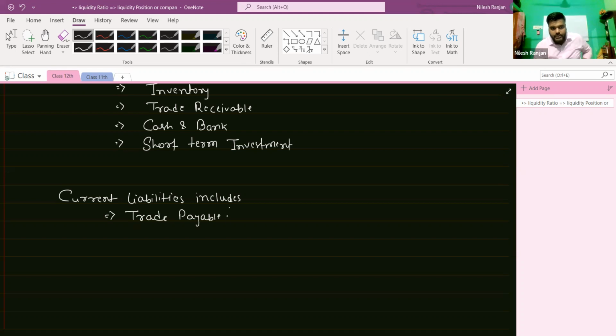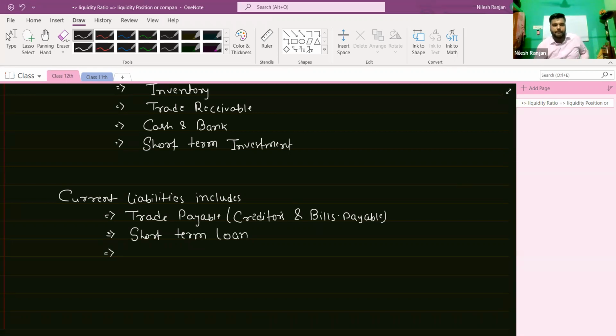Trade payables, it includes creditors and bills payable. After that, short-term loan, short-term provisions.